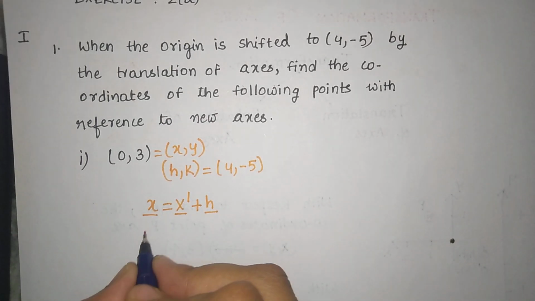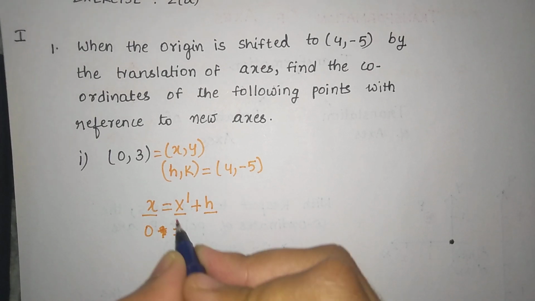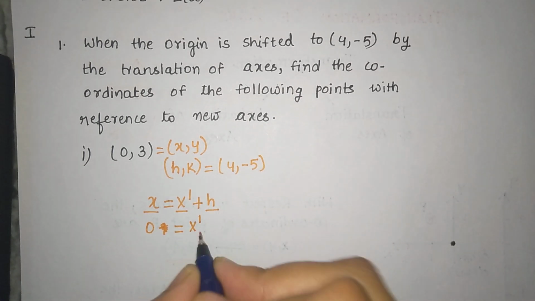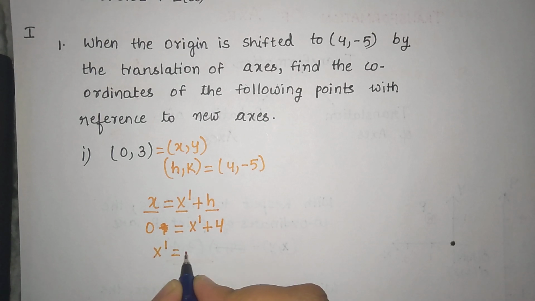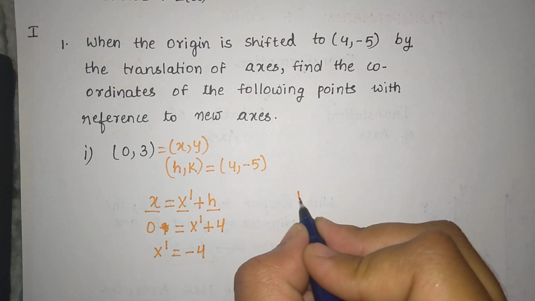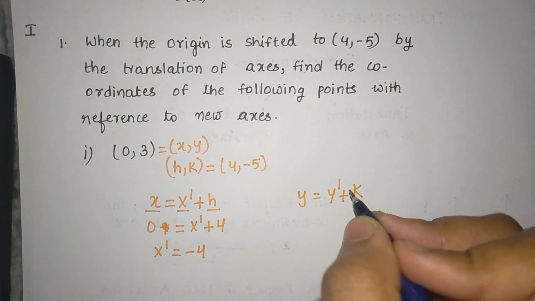What is given? 0 is equal to x dash plus h. What is x dash? We don't know. We have to find out. h is 4. So x dash is equal to minus 4. Okay. So y also you have to find. y is equal to capital Y dash plus k.